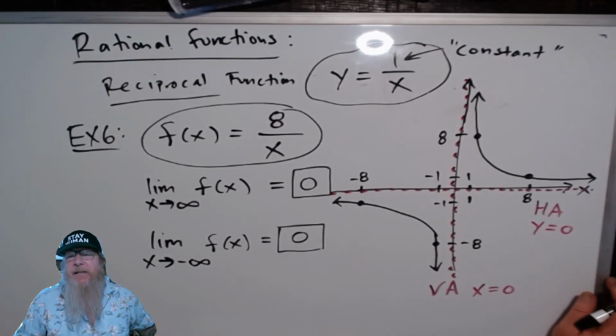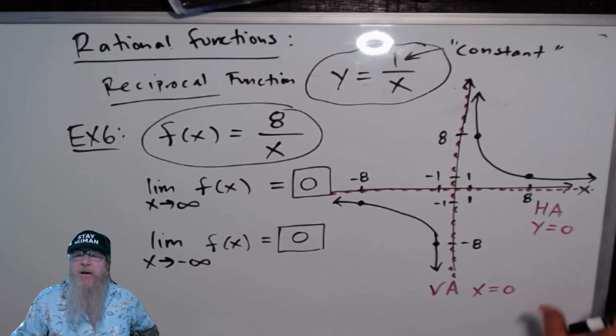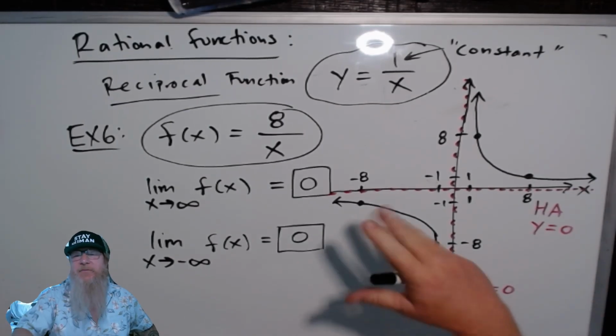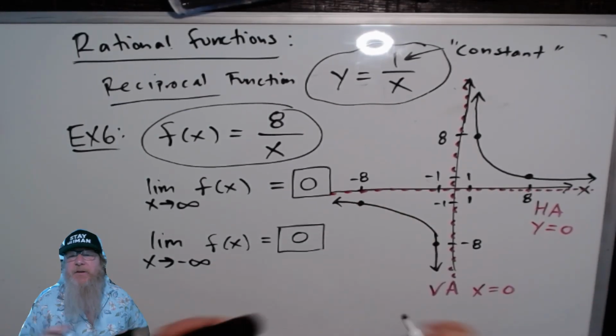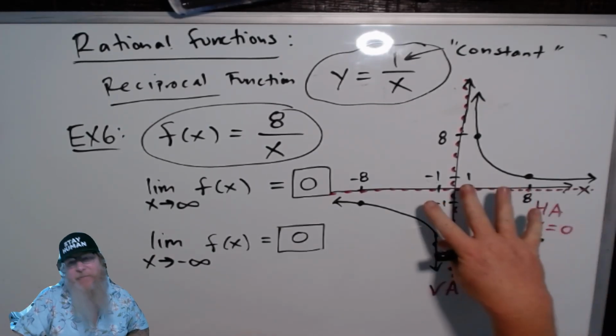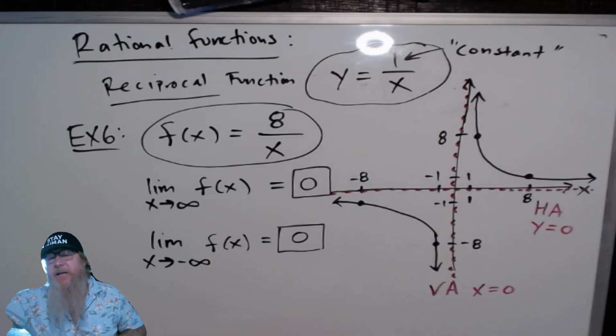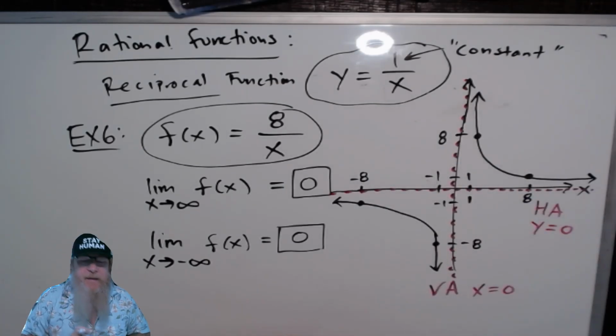So that's the basic idea of a reciprocal function. Now, I think a theorem is in order, because we don't want to have to plug in large numbers every time. We don't want to have to draw the graph every time, but I do have my graph board if it becomes necessary.